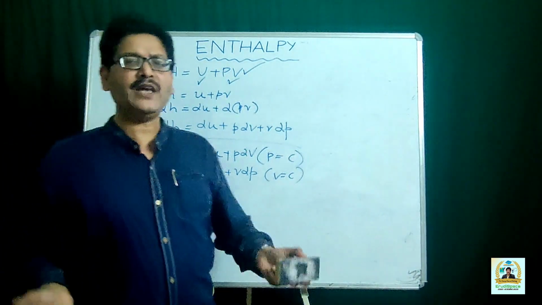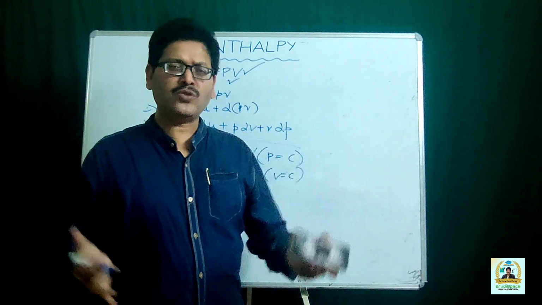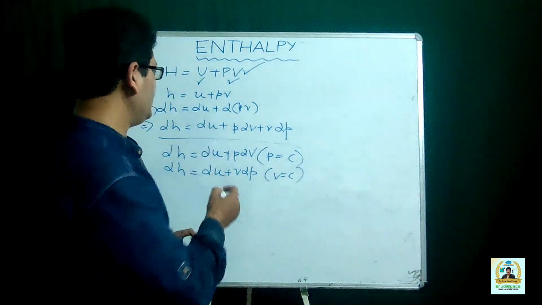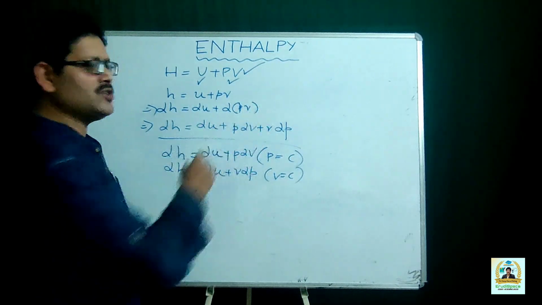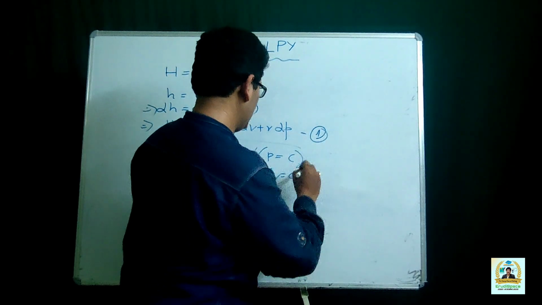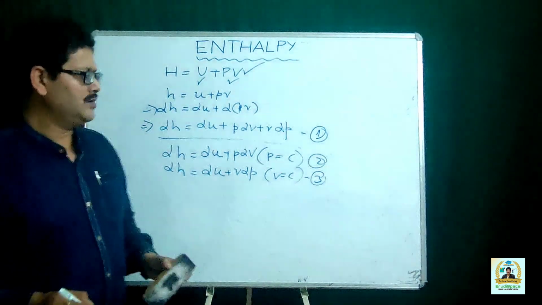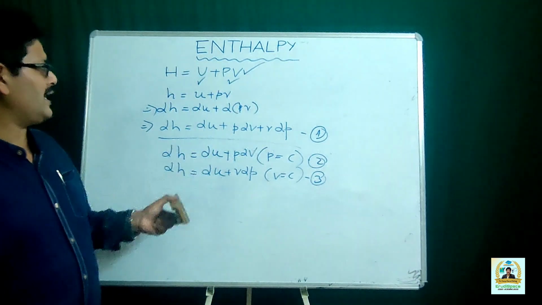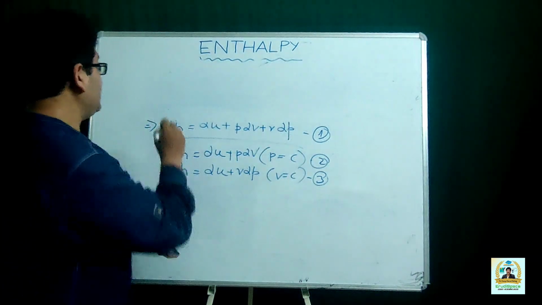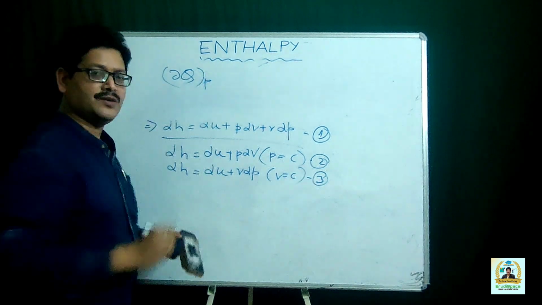And there may be cases where both volume as well as pressure may vary. In that case, the full expression will hold good. You can denote this as equation 2, and these two are actually the corollaries of equation 1, both equation 2 and equation 3.